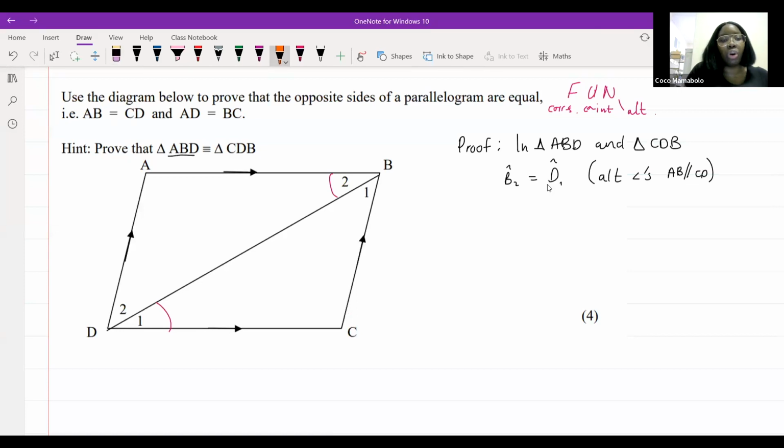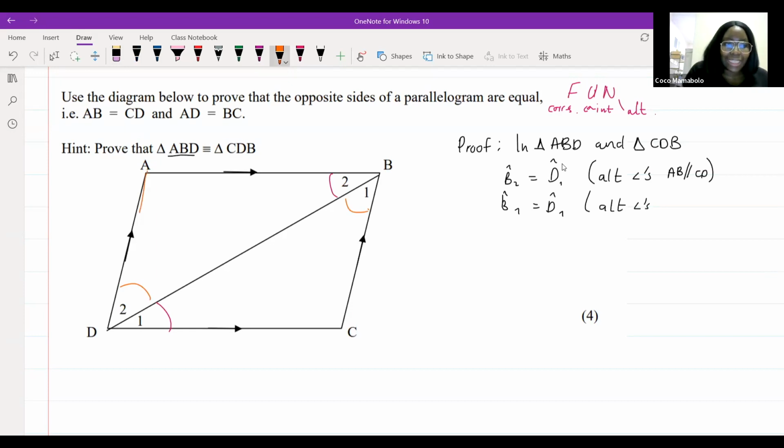We know that B2 is equal to D1. We also know that B1 is equal to D2. Correct, Mawande? Good. Angle B1 is equal to angle D2, but this is also alternate angles, right? But this time, which two lines did we use?